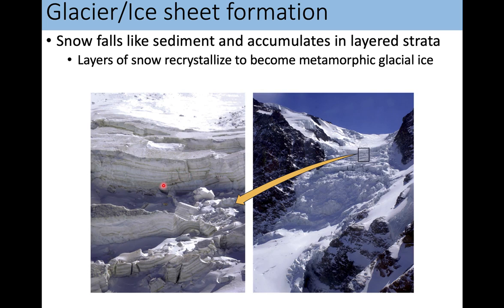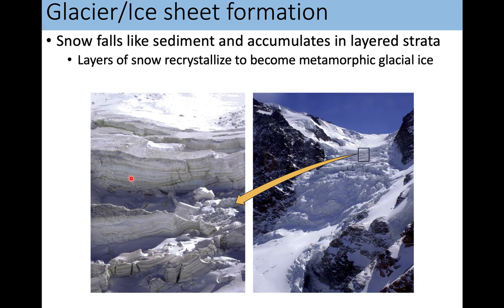Just like our layers of sedimentary rock, snow falls in layers each year. These layers eventually, over time, if they are untouched and unmelted, meaning it's cold enough for them to survive, the snow recrystallizes and actually becomes ice.